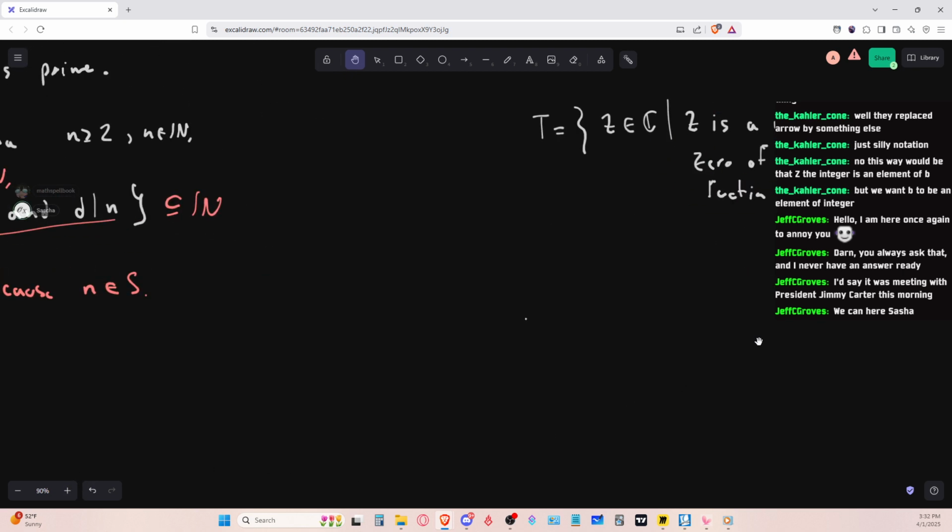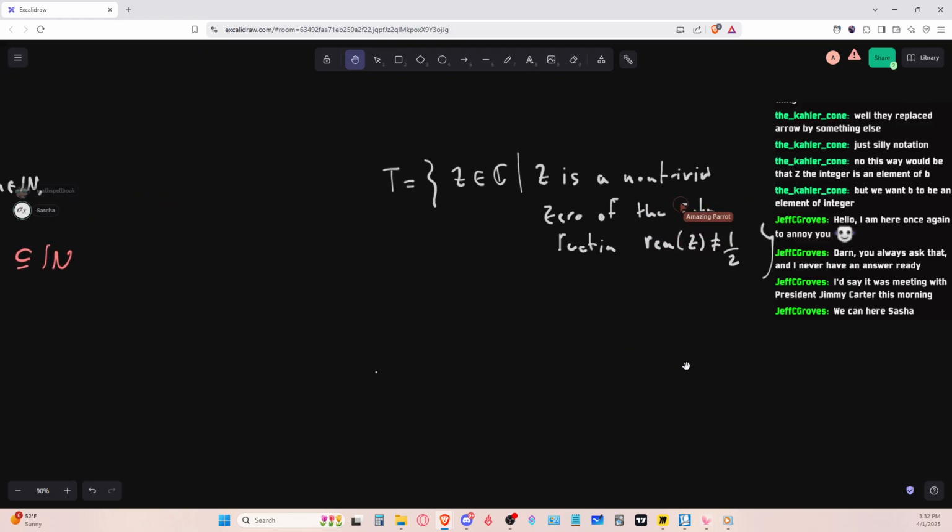So what I wrote here is T is the set of complex numbers Z where Z is a non-trivial zero of the zeta function whose real part is different from a half. If you show that this set is empty, this is equivalent to having solved the Riemann hypothesis.